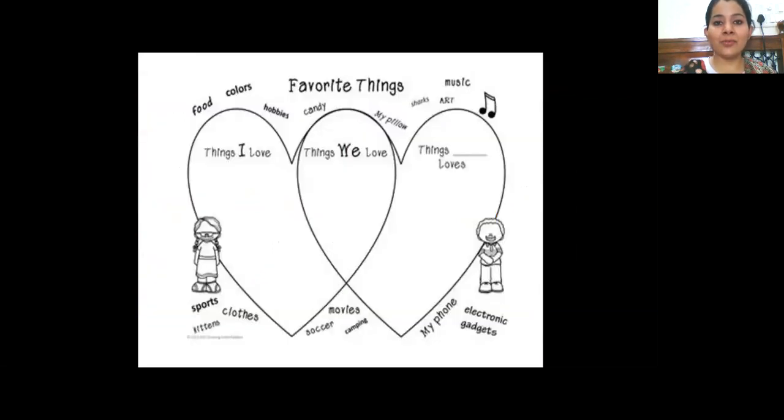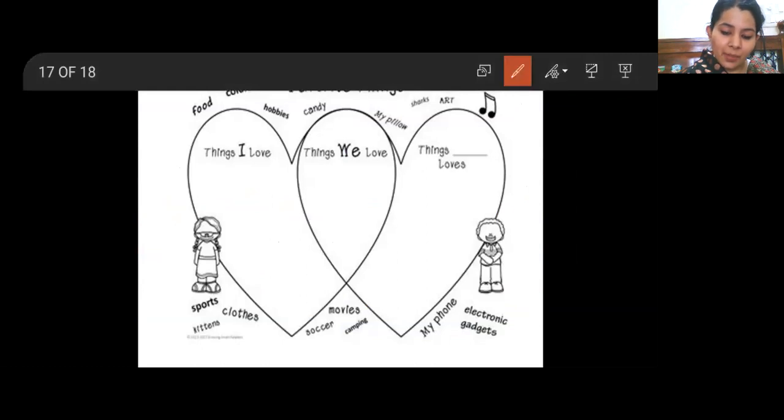So the last one for you, just as an assignment, and I told you in the beginning also that it is not necessary that we use only circles, we use different shapes as well. So here in this Venn diagram, I have used two hearts. Here in the middle, things we love.